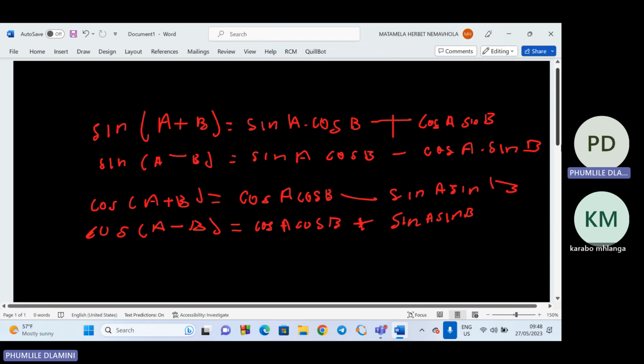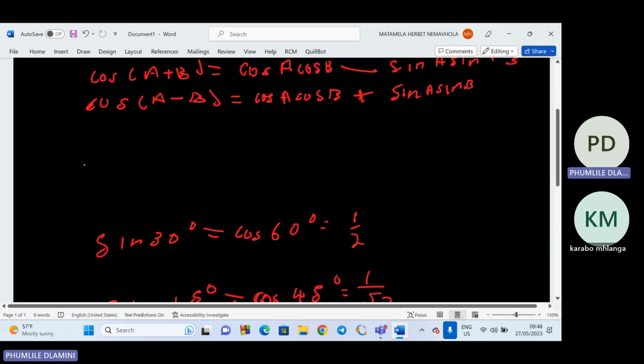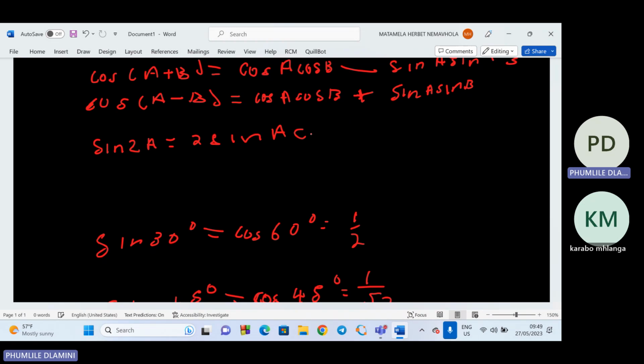The other identities that you must also know are: sine 2A is the same as 2 sine A cos A. And cos 2A is the same as cos squared A minus sine squared A. These two identities come from the identities that we just wrote there.